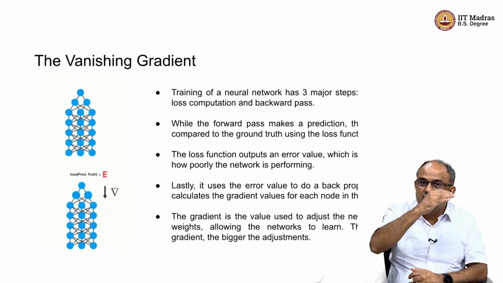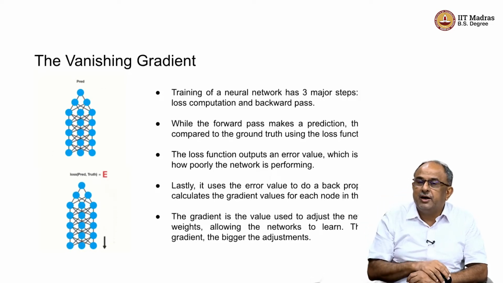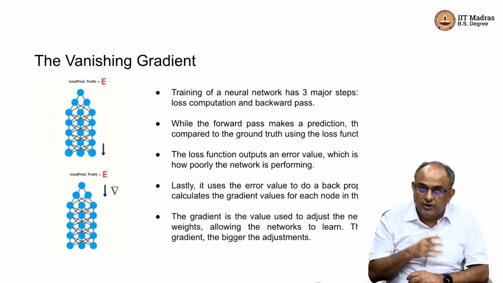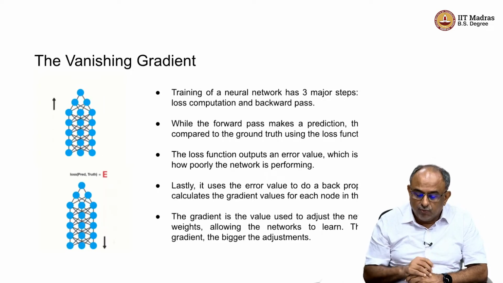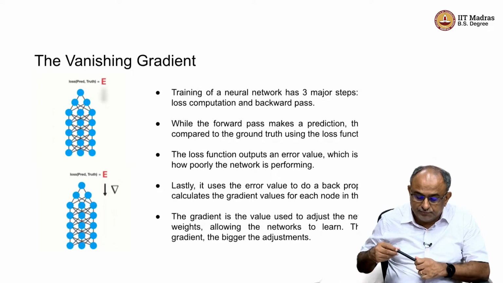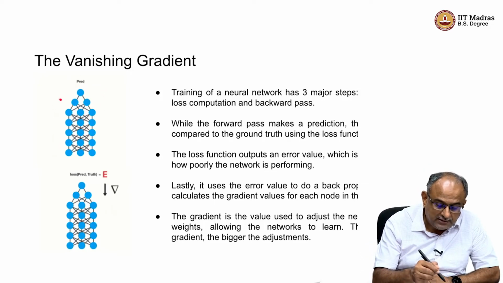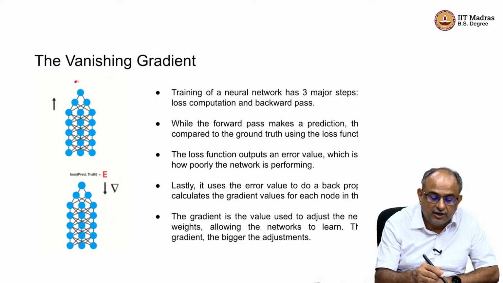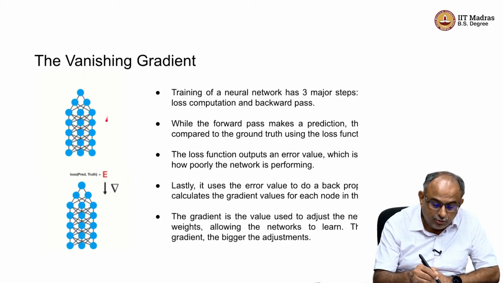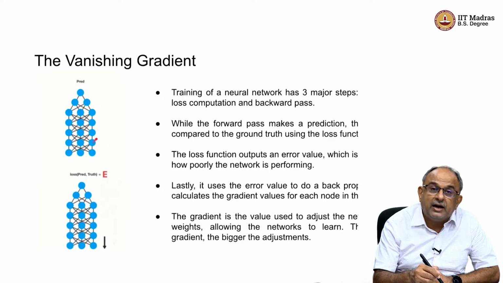So, I have to apply the chain rule to come to the weights of the lower layer, okay. This is a forward pass: I start from somewhere and finally go to the end where I do the prediction and then some error will be generated. I use the error to back propagate and adjust the weights.